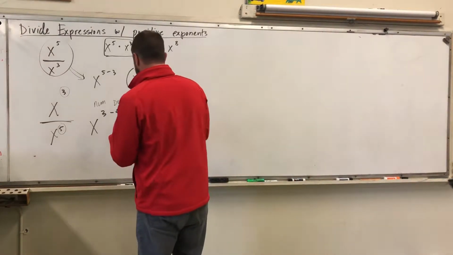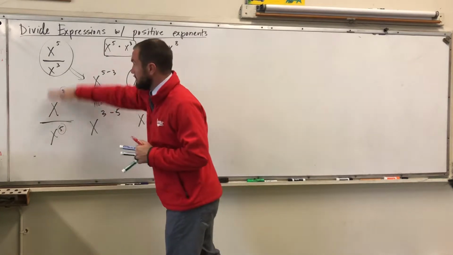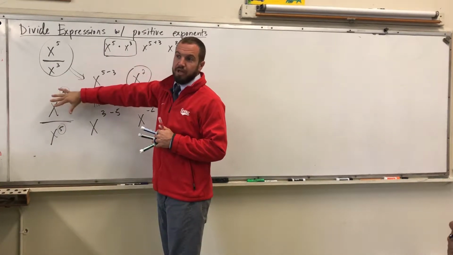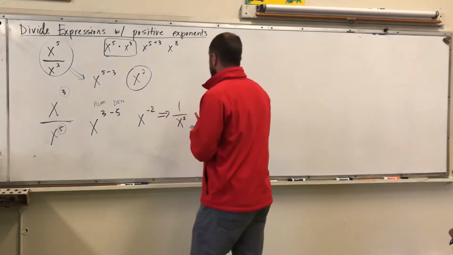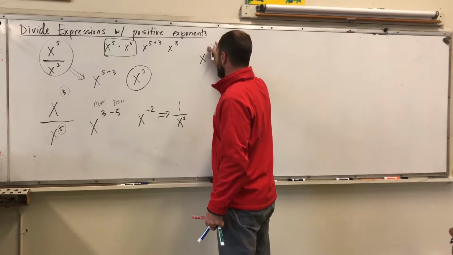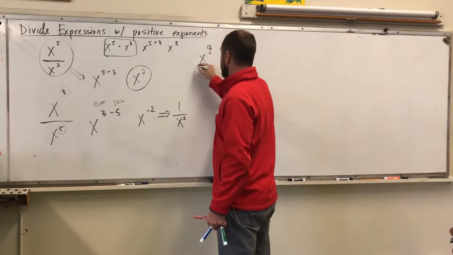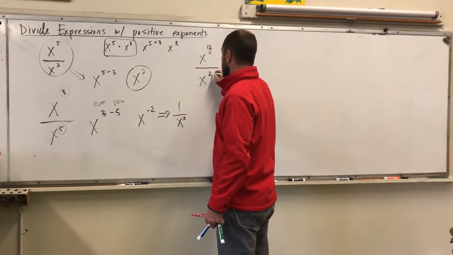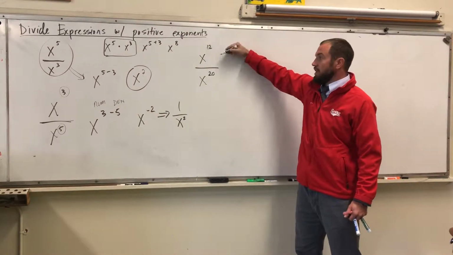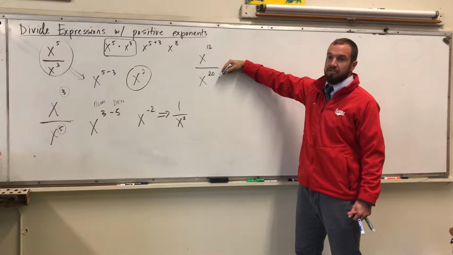Now, if you look at this, okay, the understanding too is that you have variables with exponents. A trick you could always look at, let's say you have maybe bigger numbers, you could just evaluate this and say to yourself, okay, I know 12 minus 20 is going to be negative 8.